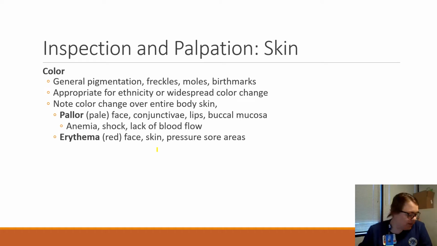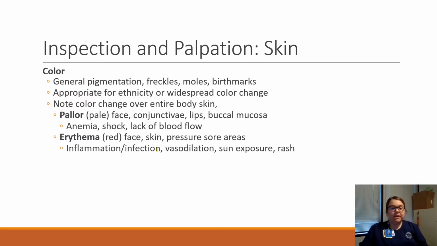Now, erythema is known as red. You can see this in the face, on the skin anywhere, pressure sore areas. Now, what could cause some area to be red? Erythema could be inflammation, infection, maybe a vasodilation, sun exposure, so a sunburn, maybe a rash.